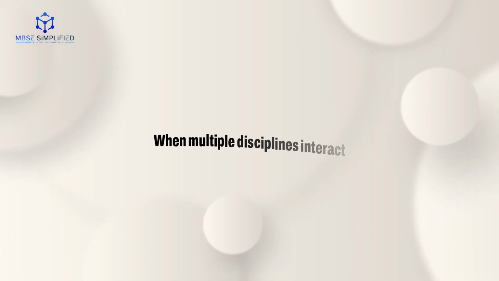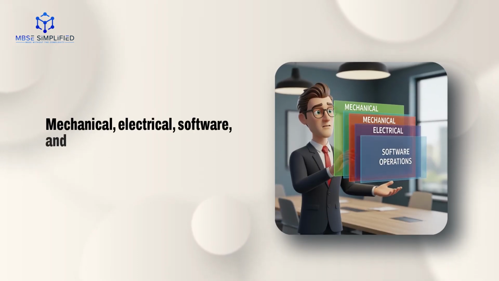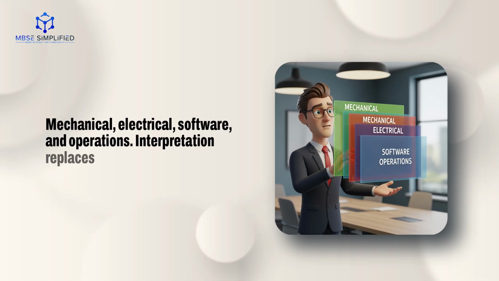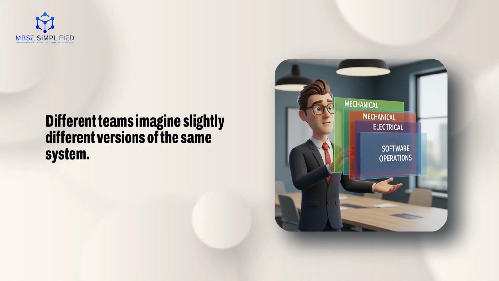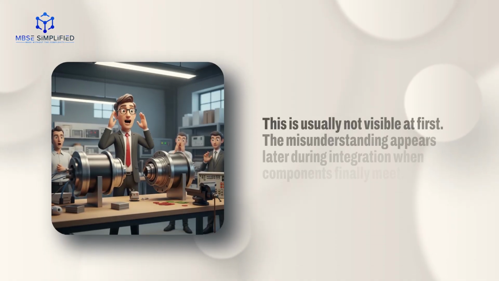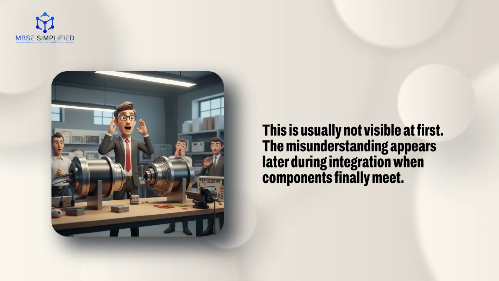When multiple disciplines interact, mechanical, electrical, software, and operations, interpretation replaces shared understanding. Different teams imagine slightly different versions of the same system. This is usually not visible at first. The misunderstanding appears later during integration, when components finally meet.